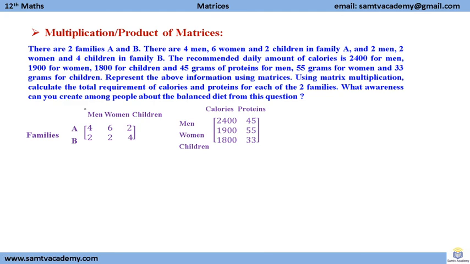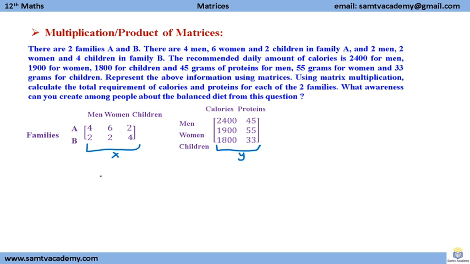Here, as we have seen what it is asking, we have to calculate the total calories and protein requirements. So we have to multiply this with this. Suppose this is matrix X and this is matrix Y. We have to multiply X and Y, and then we will get the total requirement of calories and protein for each family.